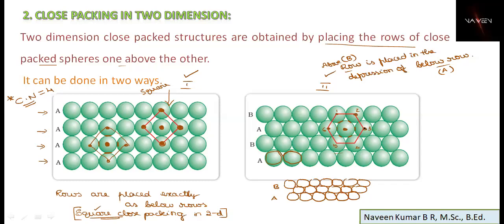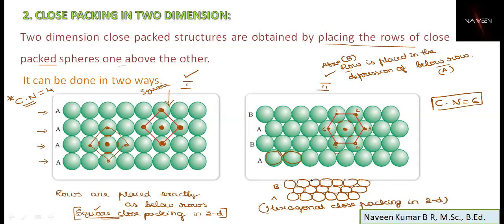If you join the centers of such neighboring particles of a given sphere, with a coordination number of 6, it will form the shape of a hexagon. Hence, it is called hexagonal close packing in 2 dimensions.